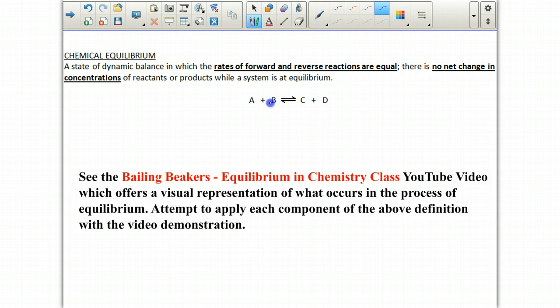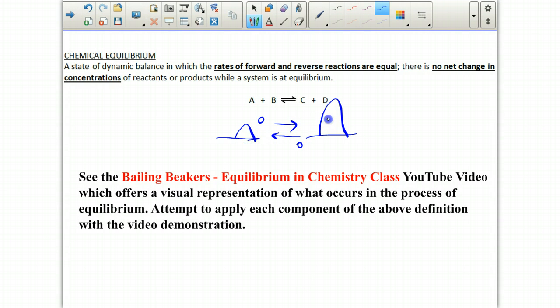What that means is I could have a certain concentration of A and B, and I can have a certain concentration of C and D. So let's say we have a pile of rocks for A and it's that high, and I have a pile of rocks for C and D and it's that high, and I have an ant carrying one rock at a time to the right, and I have a second ant carrying one rock at a time to the left.